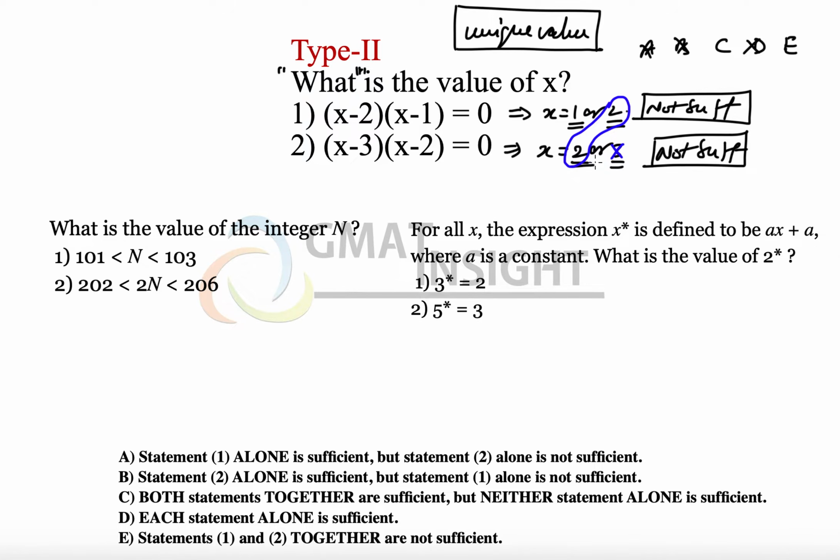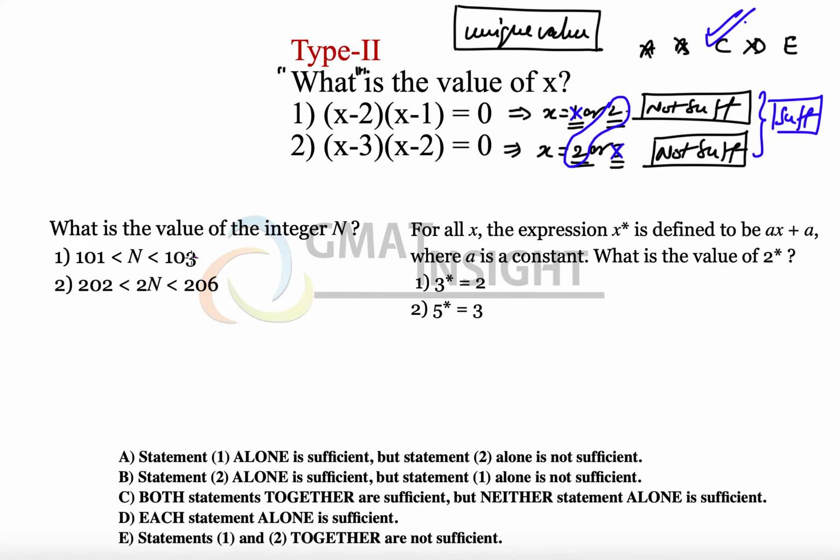The second statement likewise eliminates the possibility of x being 1. So finally we are left with only x equal to 2. So together the two statements are sufficient, and therefore the answer is option C: both statements together are sufficient, but neither statement alone is sufficient. So that is one type of type 2 question.